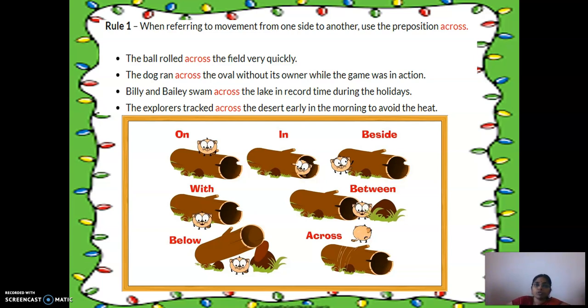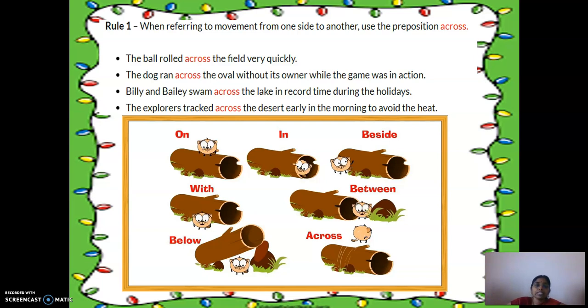When referring to movement from one side to another, use the preposition across. When you are moving from one side to another, use the preposition across. The ball rolled across the field very quickly. The dog ran across the oval with its owner while the game was in action.